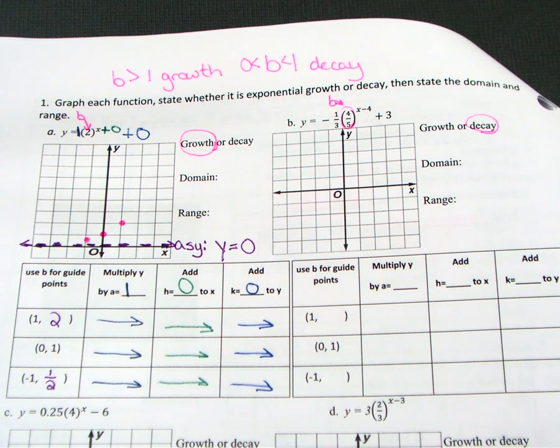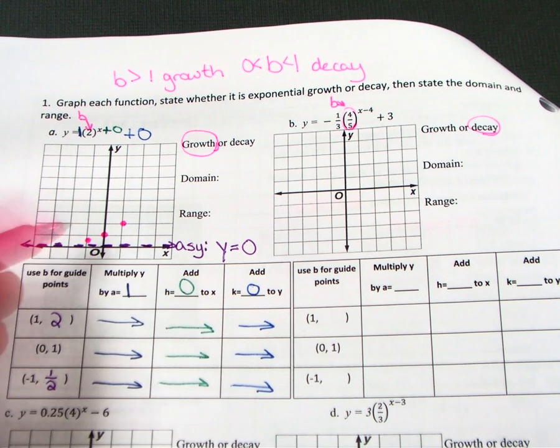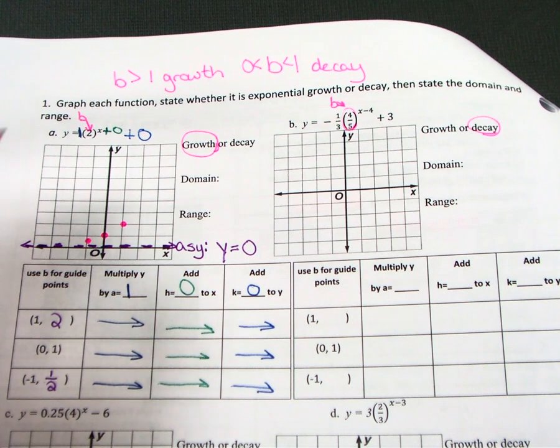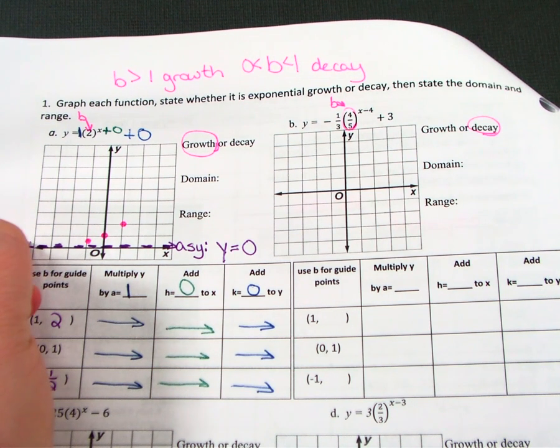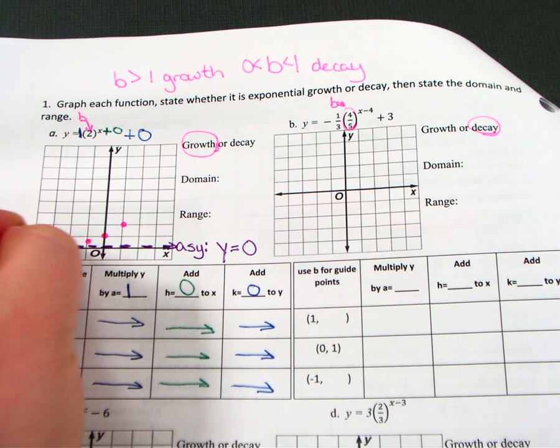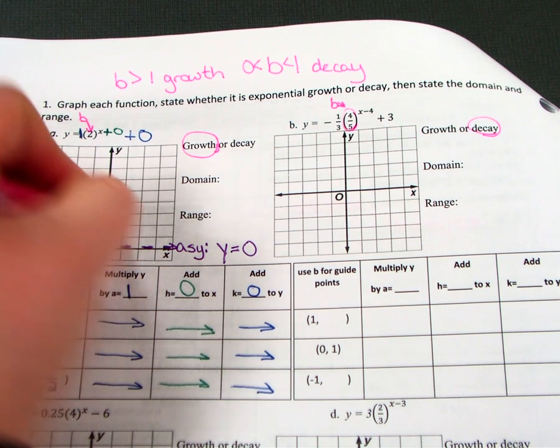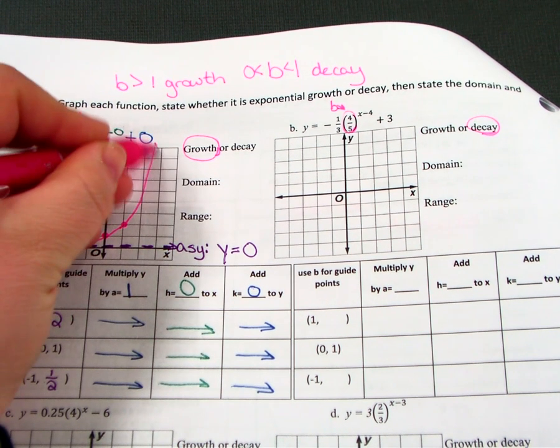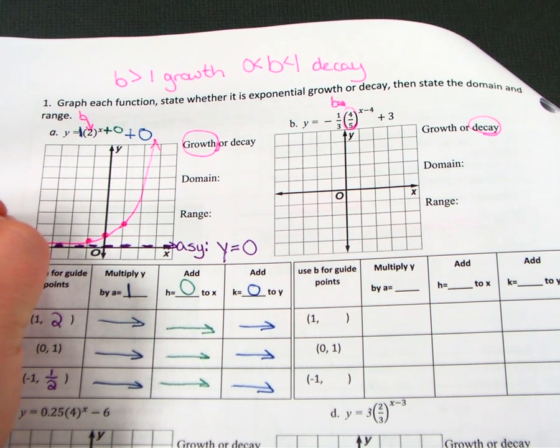So those are my 3 points. The shape of an exponential function, you can see that it's starting to approach this asymptote line. It's going to run along this asymptote, and then it will get bigger significantly faster.